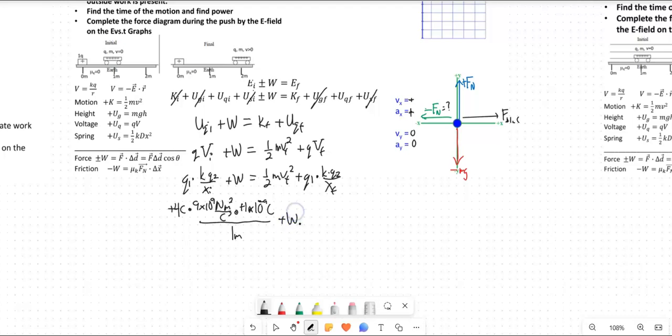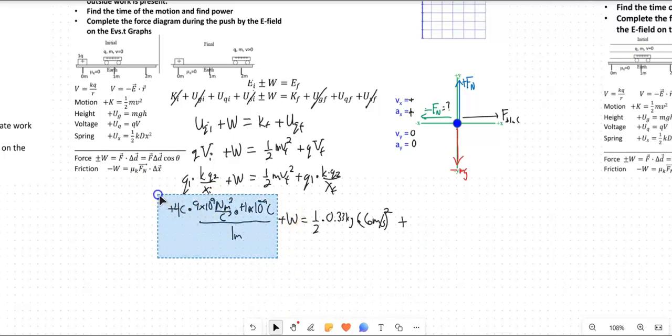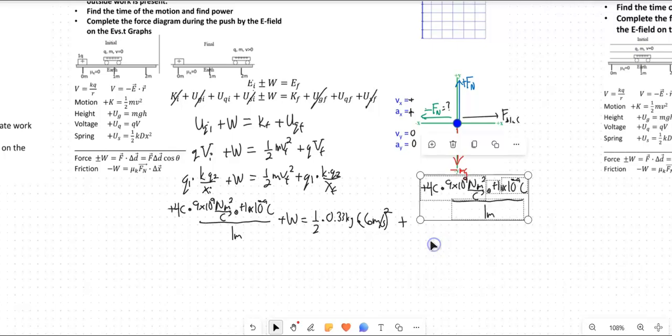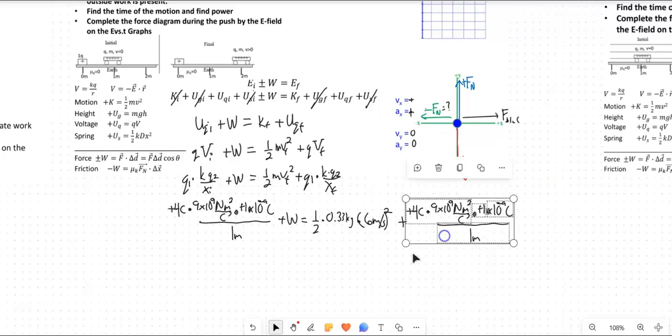Plus work equals 1/2 the mass, which was 0.33 kilograms, times the velocity, which is 6 meters per second that we're going to square, plus all of this here, but divided by 2 meters.